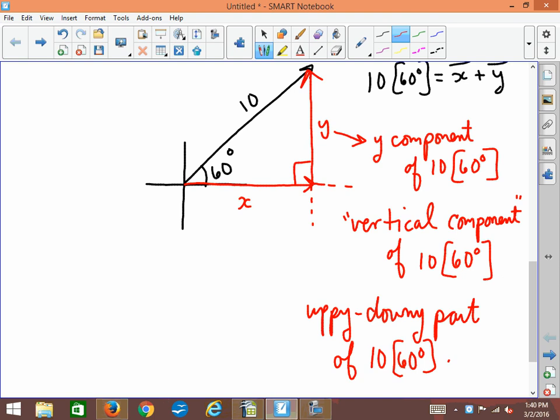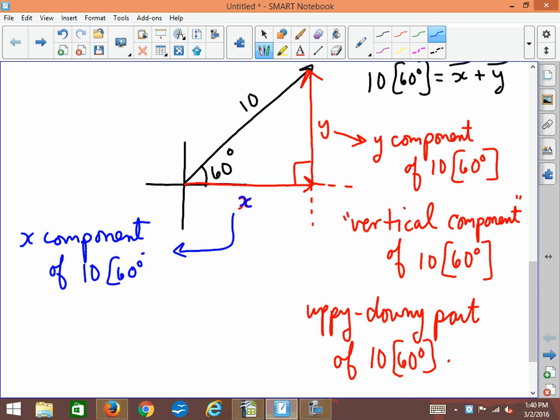Now let's look at the other side, which is the X guy. I'm going to draw him in blue over here so that we can get him a different color. If I do this guy, he would be called the X component of this vector 10 at 60 degrees. Or we could also call him the horizontal component.